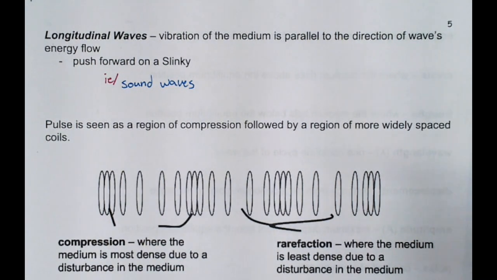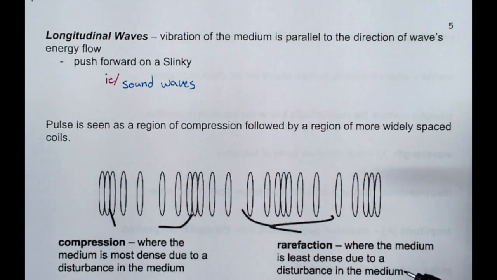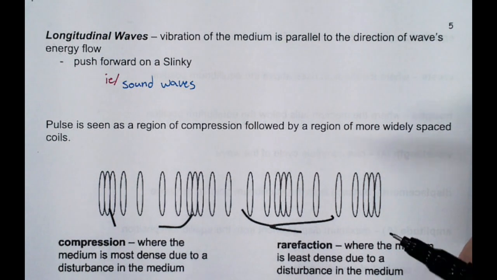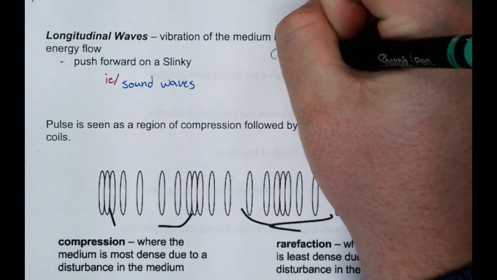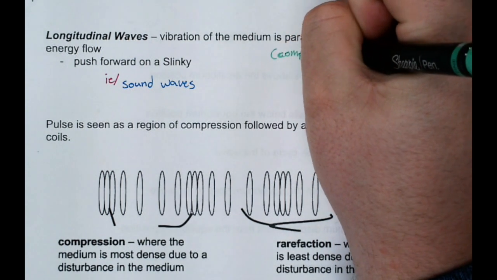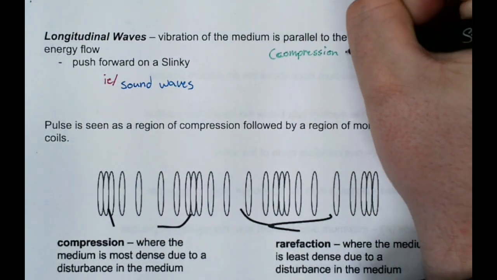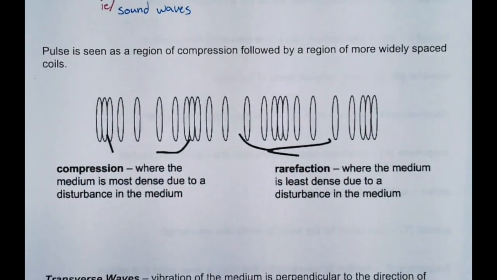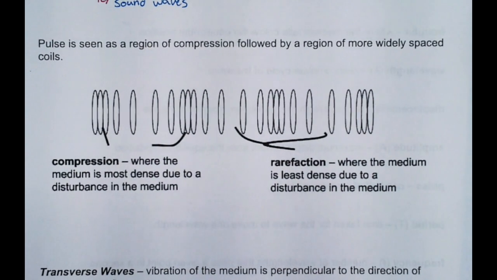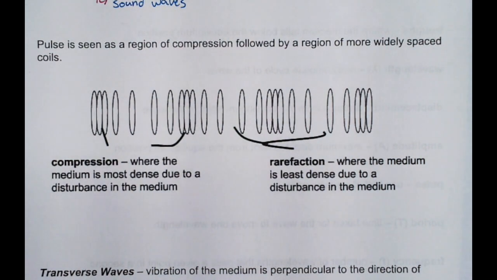Alright, what else we can call these types of waves is compression waves. This might give you a little bit more direction on what these waves are actually going to look like. If we have a compression wave below, we have a pulse seen as the region compressed by the compression, followed by the region of more widely spread coils.